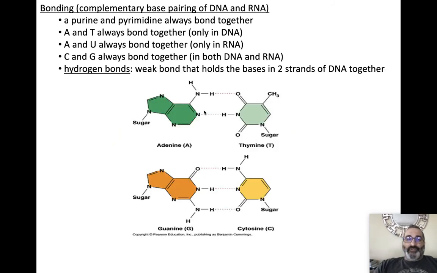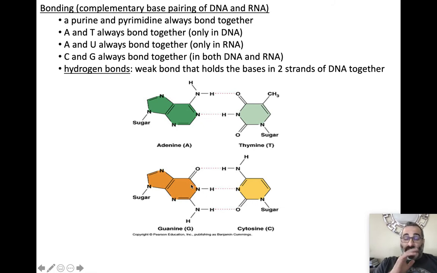I mentioned a second ago that purines and pyrimidines always bond together in a specific fashion. A, or adenine, always binds T, or thymine. Two hydrogen bonds are made, and that is how and why they know to attach to each other. C's and G's produce three hydrogen bonds, as shown here in the picture, and that is why G's and C's always bond to each other.